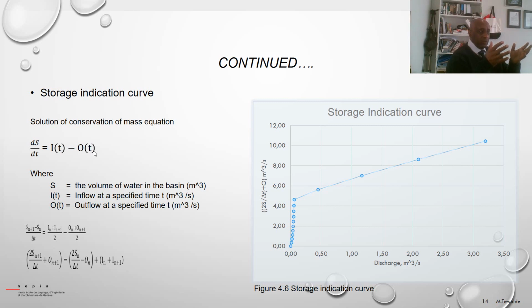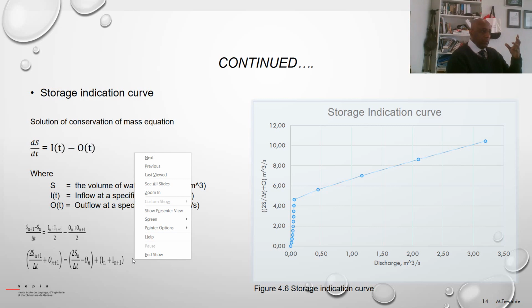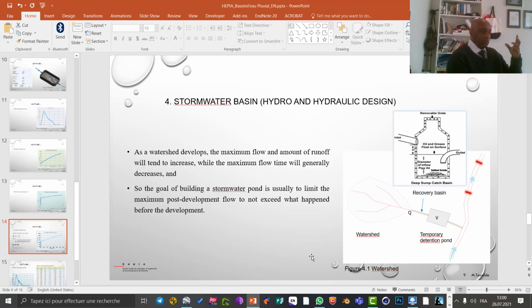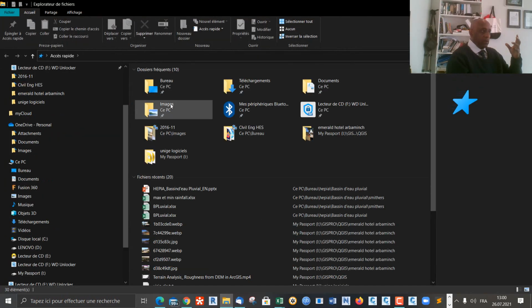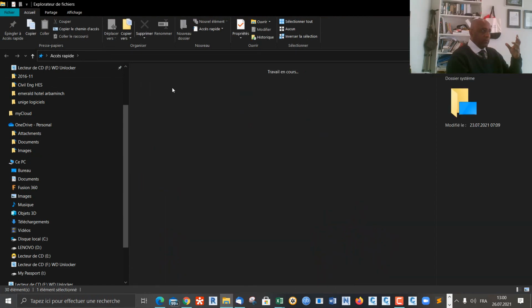Based on this equation, we will arrive at this equation, so that will help us to calculate the outflow hydrograph. For example, I can show you how we arrived at this equation. Let me show you.